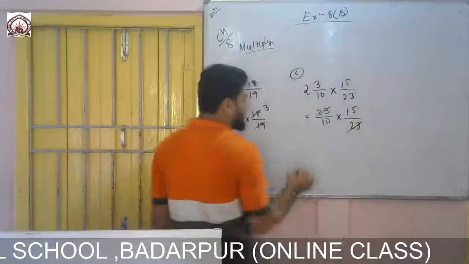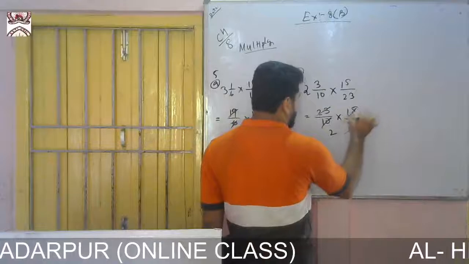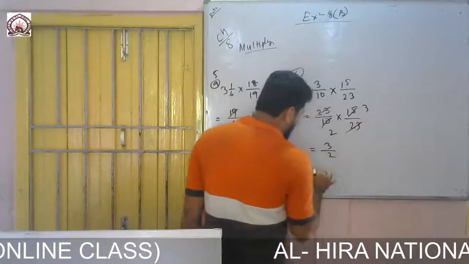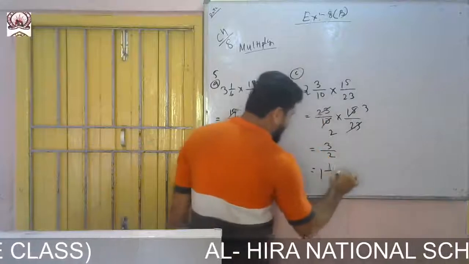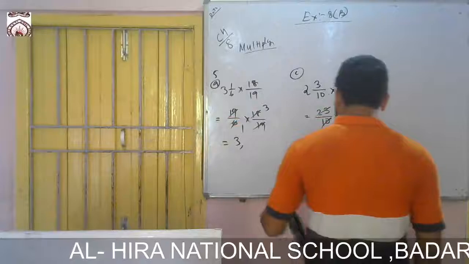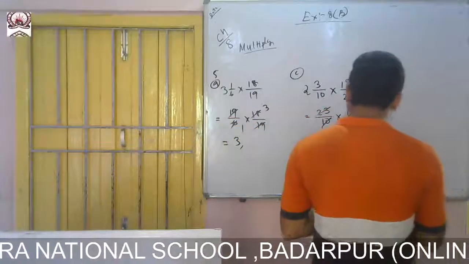So 23 23 get cancelled. Now remain 10, 5 2 jar 10, 5 3 jar 15. So it is coming 3 by 2. So 3 by 2 I can take 2 1 jar 2, remain 1. So 1 whole and 1 by 2.